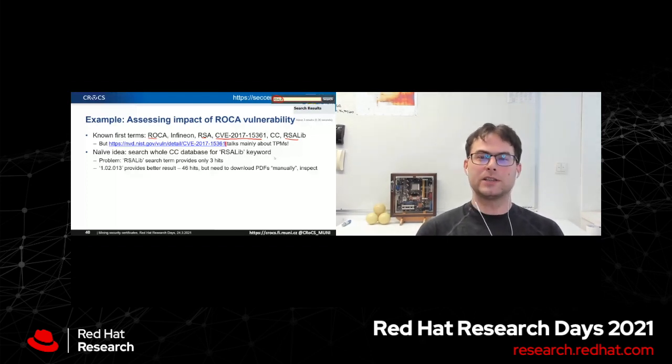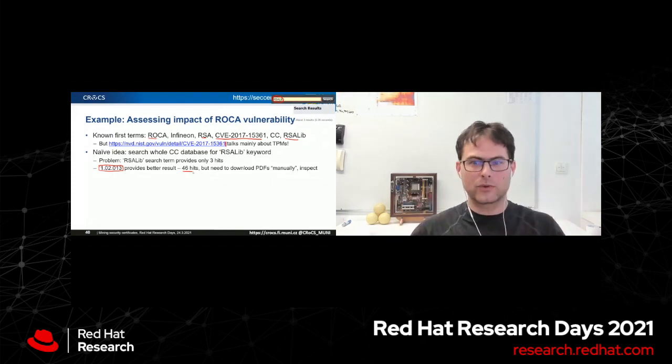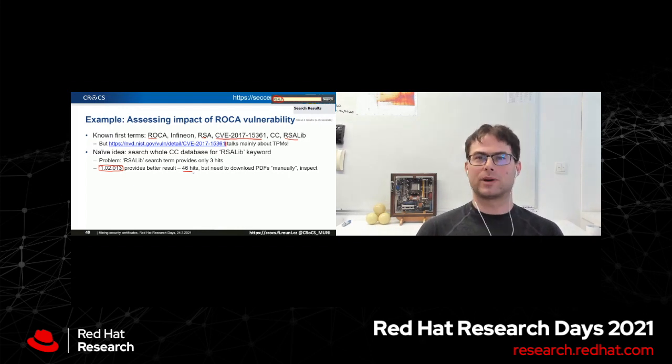If you dig deeper and figure out that this is the version of the library that seems to be vulnerable, you can get more results. You can get 46 hits. You will get the PDF files, but you need to download them and then search through them and investigate. Seems to be a lot of work. Definitely not a quick result.